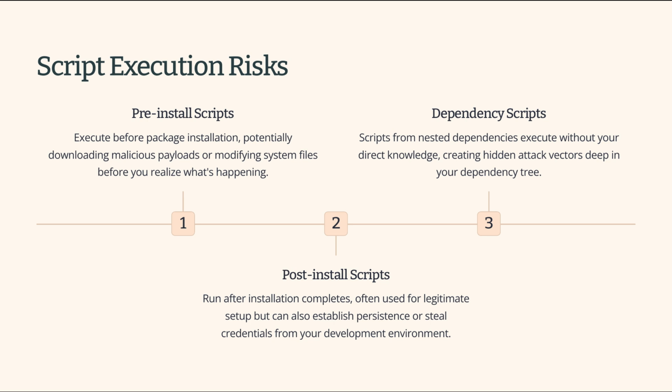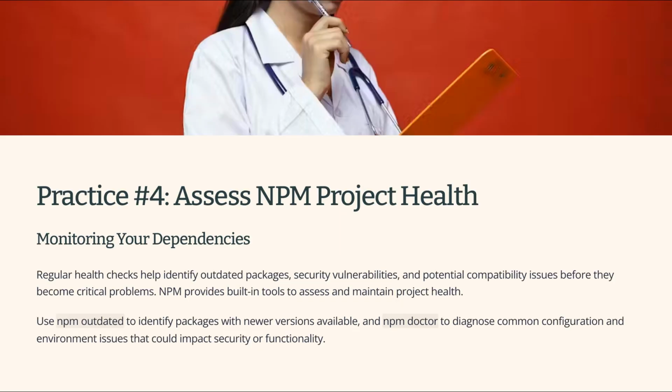Up next, we'll explore the importance of monitoring your dependencies and how regular health checks can help identify potential vulnerabilities. As we move from discussing the risks associated with script execution, let's focus on a proactive approach: monitoring the health of your npm projects. Regular health checks are essential for keeping your dependencies in check. They help you identify outdated packages, security vulnerabilities, and potential compatibility issues before they escalate into critical problems. npm offers valuable built-in tools that can assist you in this process.